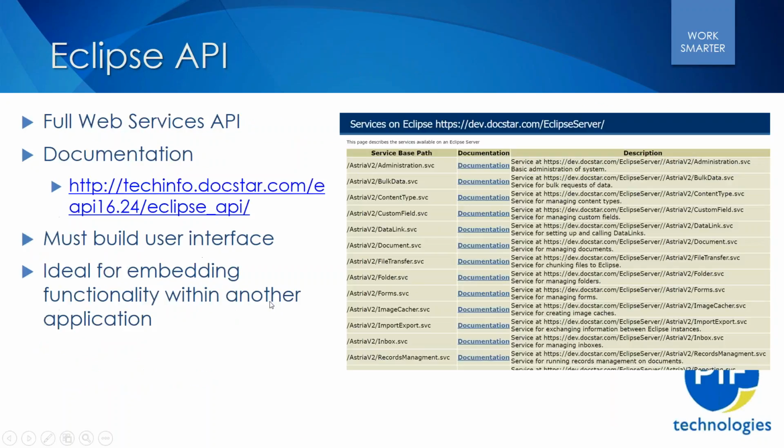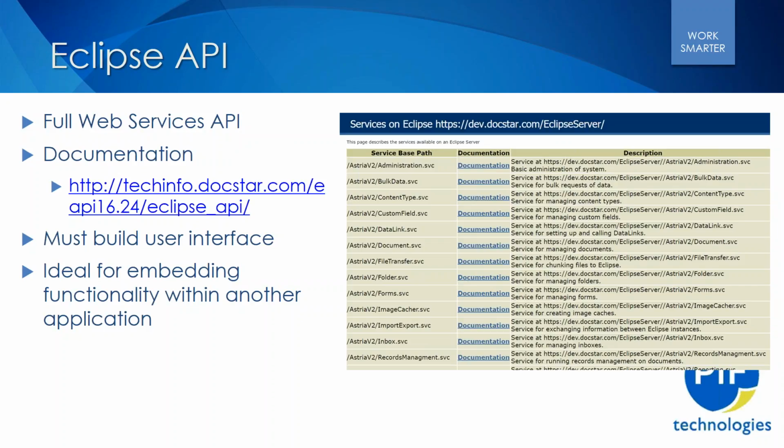Okay. Full API, there isn't a public link to this documentation, but you can see here I've provided that link. This is basically the web services API. So if you wanted to create a full integration with Eclipse, you can do that. Obviously, with an API, there is no user interface.